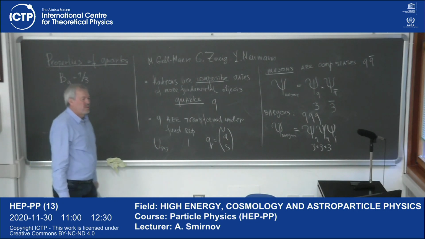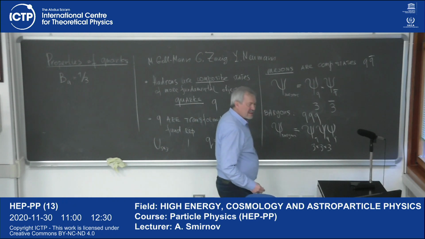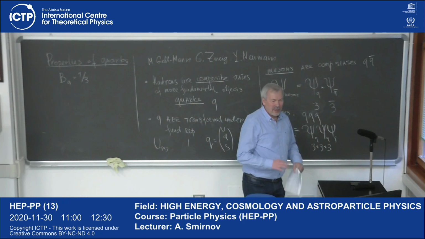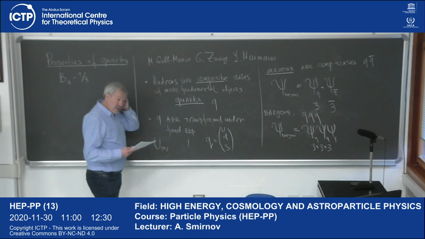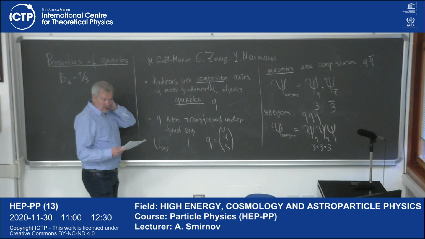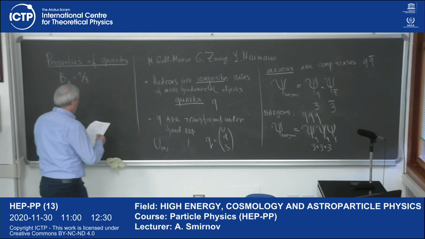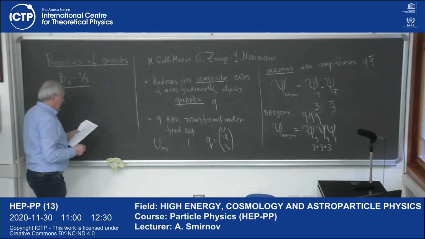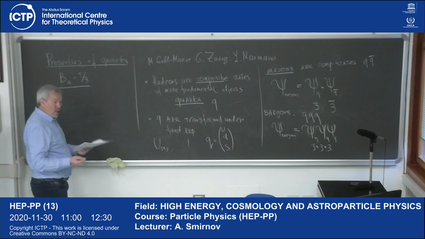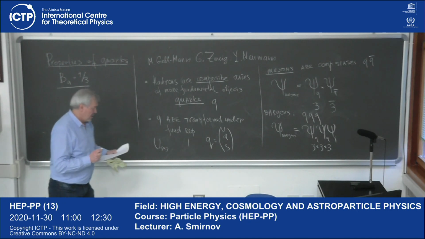Of course, you can speculate that maybe some quarks have, say, 2/3, some 1/3, but you can easily convince yourself that this is the only option if you want to reproduce properties of observed hadrons. Other characteristics of quarks can be extracted from the properties of hadrons, mesons and baryons we have observed.